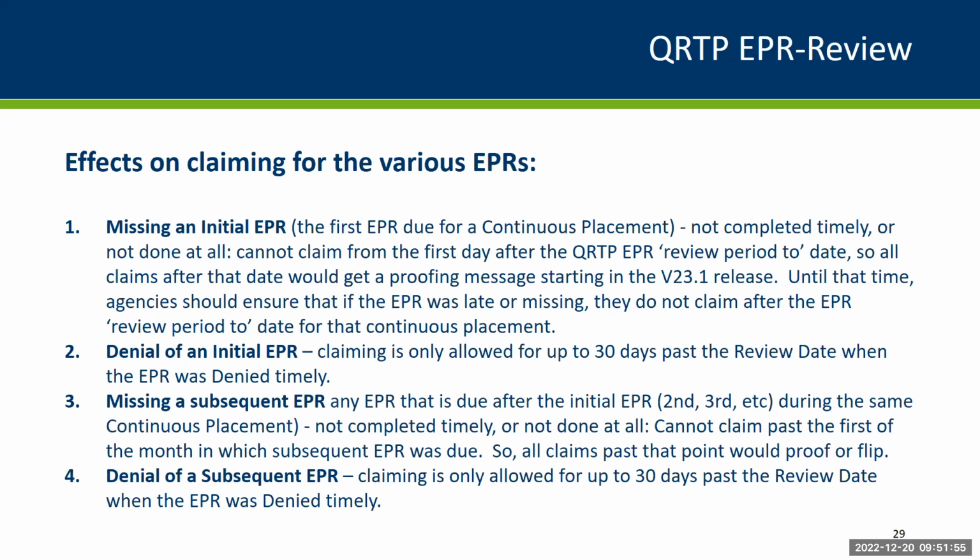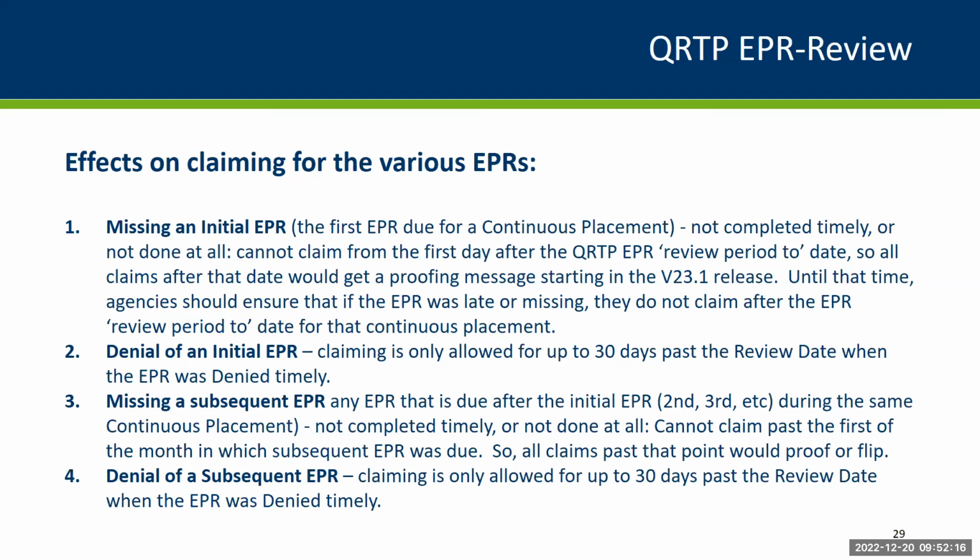So the specific date that claiming stops is going to vary depending on which review was missed. So if it was the initial review, if we don't have the initial review entered, the day after the extended placement review date, there's no more claiming. We're done claiming for 4E.